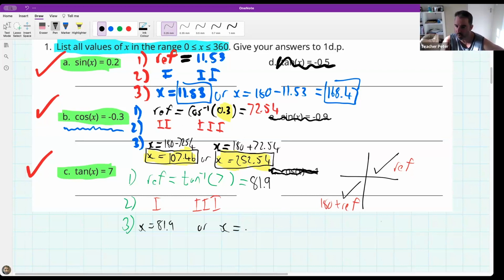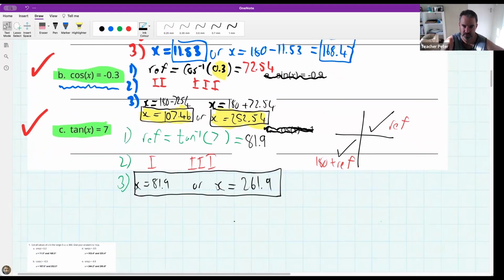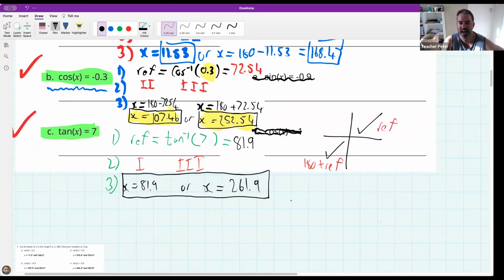So we go 180 plus 81.9 and we get 261.9. And those are my two answers in the range 0 to 360. Now, these are specific solutions in the range 0 to 360. If I wanted to make them general solutions, all I would do is add k times, in the case of the first two, 360, and in this last one, I'd add k times 180.